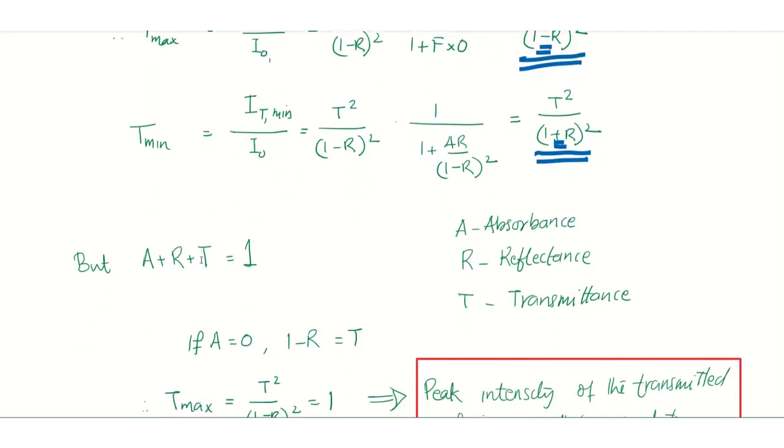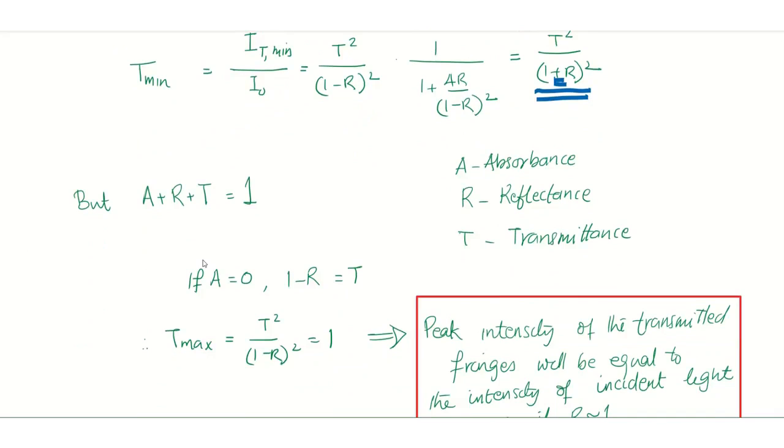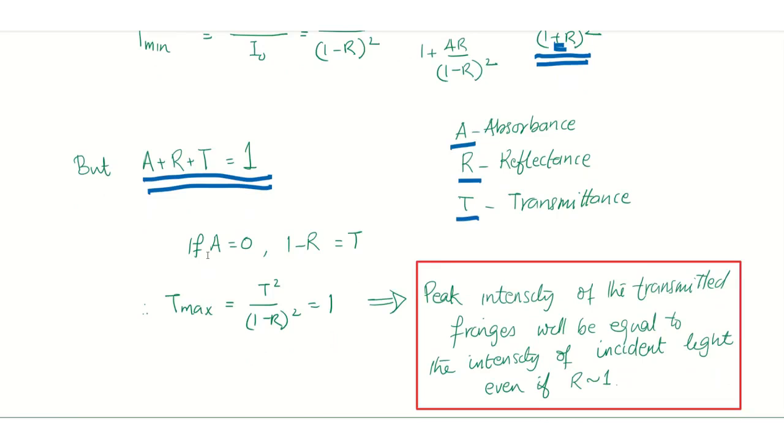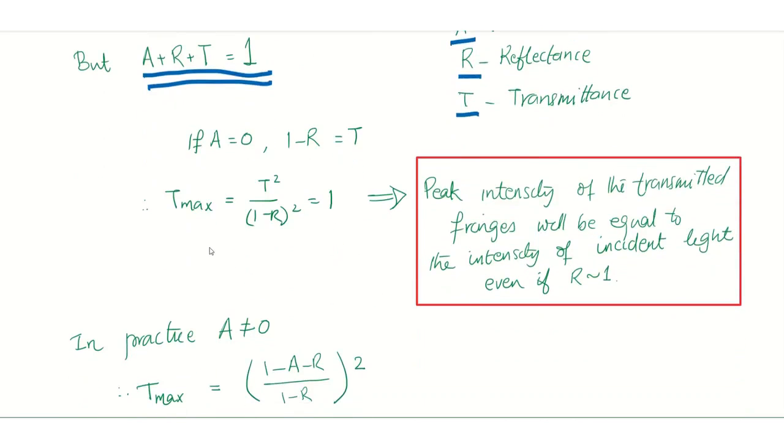Now, we can also try to include the absorption, because there may be a little bit of absorption in the actual case. Therefore, if A is the absorbance, R is the reflectance, T is the transmittance, the maximum intensity for A equal to 0, where there is no absorption, is T square over 1 minus R square, which is 1 because T is 1 minus R. Now the peak, okay, this is something I told you just now.